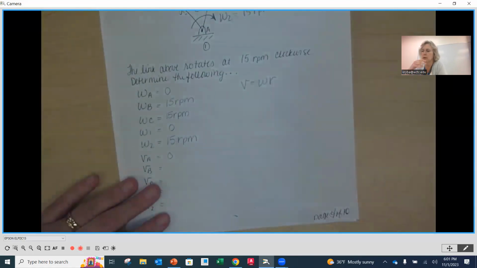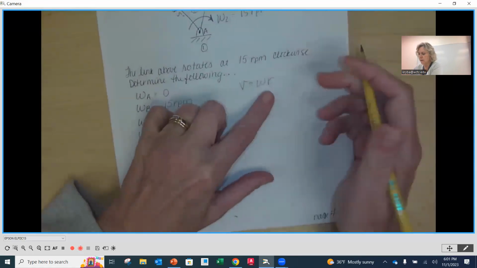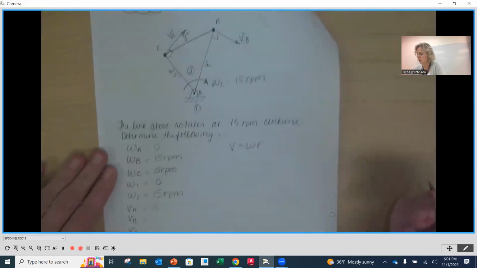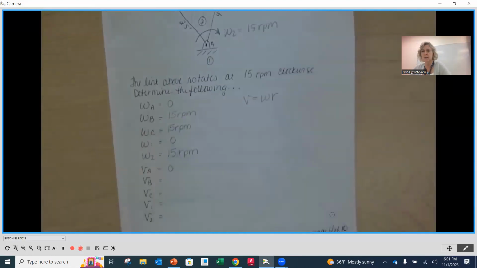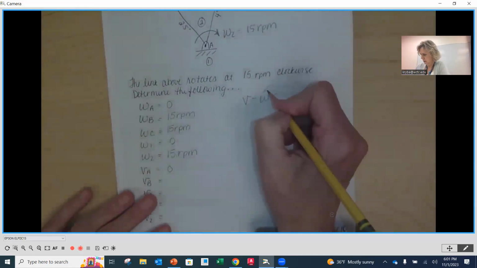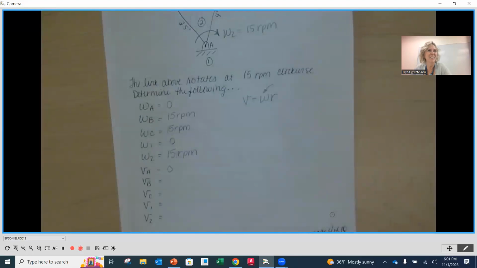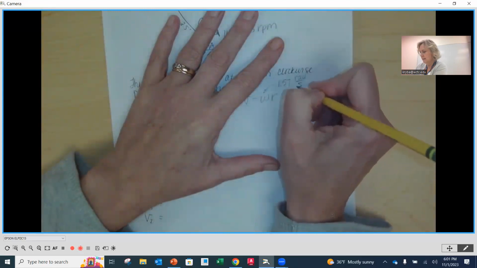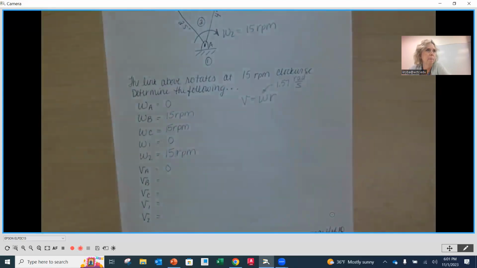I'm going to do this twice, so I'm going to do it on the side. And this radius is going to depend on if I'm at B or at C. Do you know what your W is in radians per second? What's the number? 1.57 radians per second. Did anybody get that number? Yeah. Because you have to multiply 15 times whatever it is.